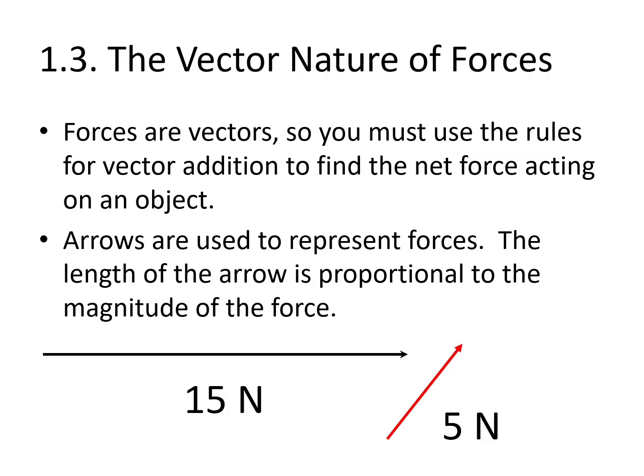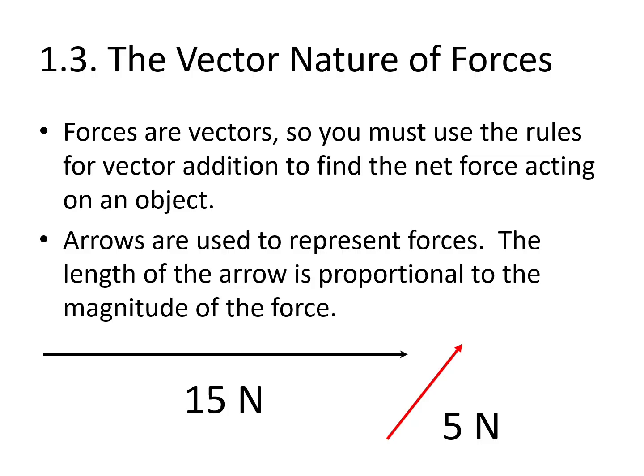However, we cannot compare forces by magnitude alone. Direction matters. If a 15 Newton force points to the left and a 5 Newton force points up and to the right, we cannot simply add or subtract 5 and 15. The forces do not act along the same line. We must add them using vector addition, often by resolving the force into x and y components.